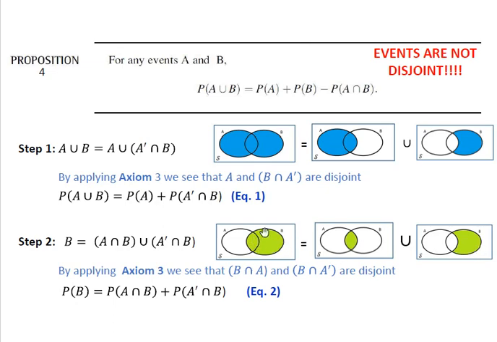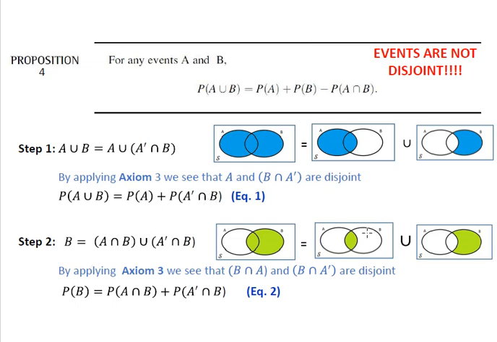Again, you can see that this part and this part don't have any elements in common. This part shows A intersection B, and this part again shows B minus A, or A prime intersection B.